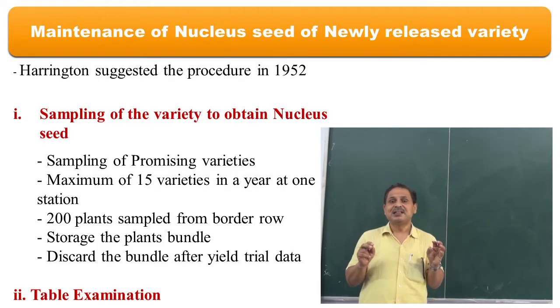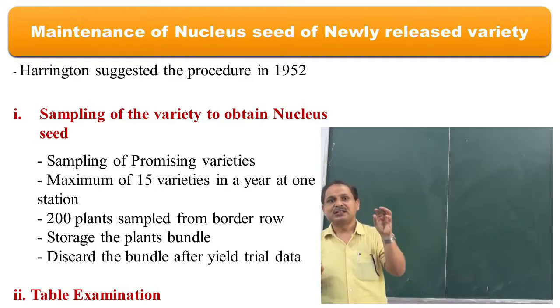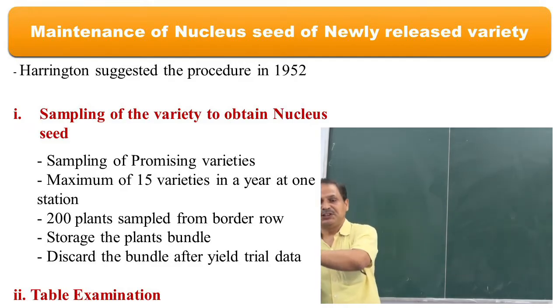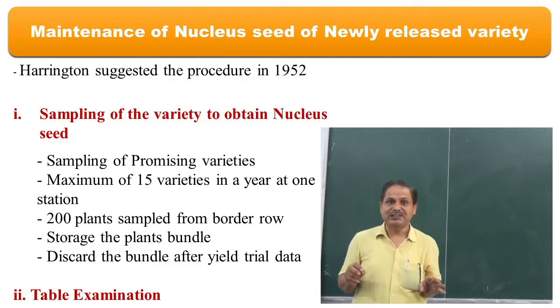Sampling means that we take some of the varieties whose seed will be purified as nucleus seeds.